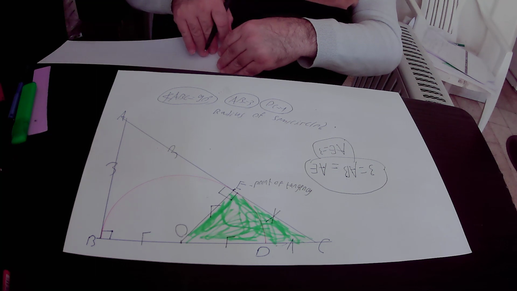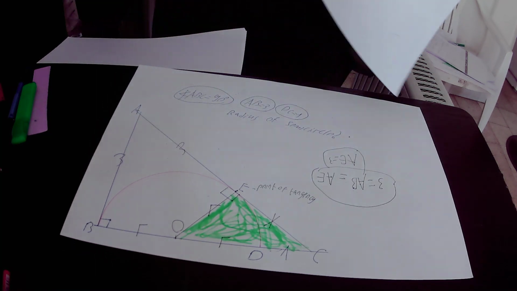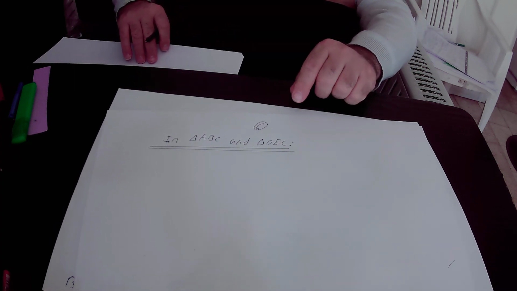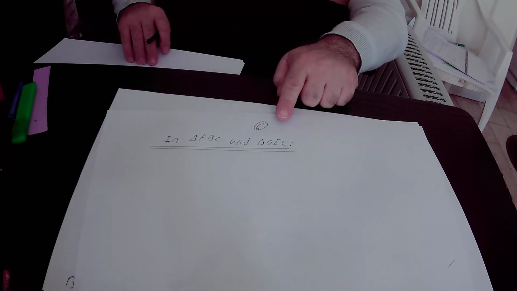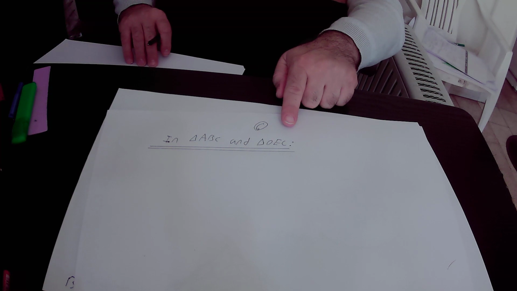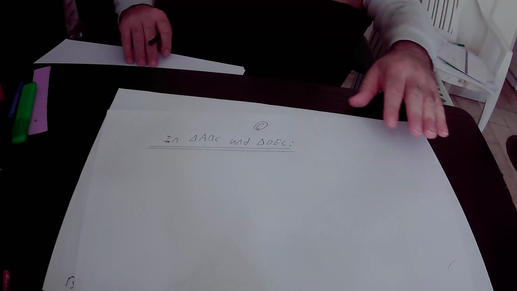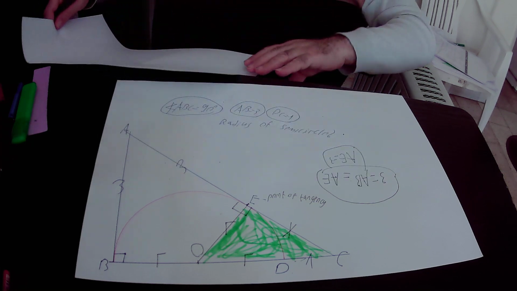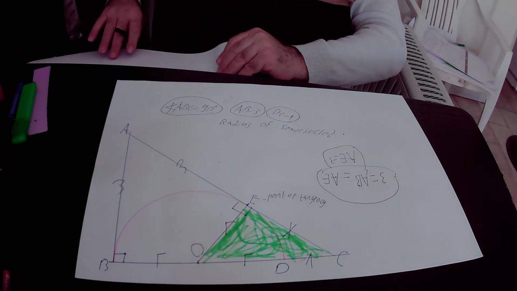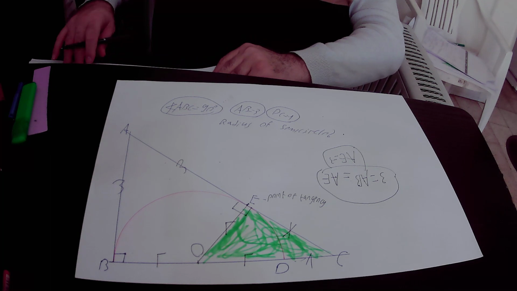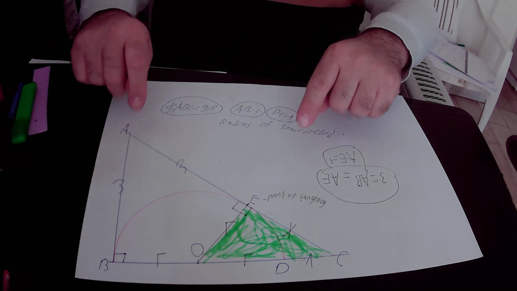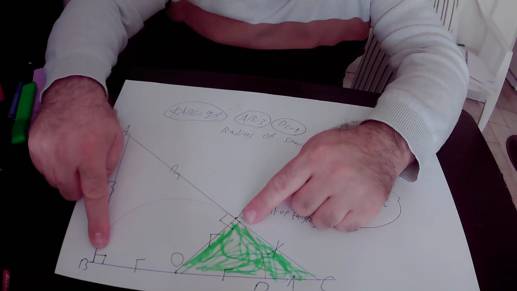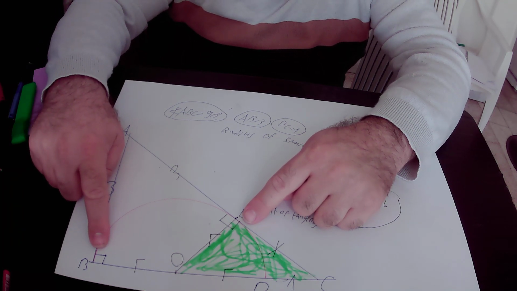I'll repeat again. We'll focus on the right big triangle, triangle ABC, and the right small green triangle, triangle OEC. On these two triangles, we know that those two angles are equal to each other, they are both right angles.